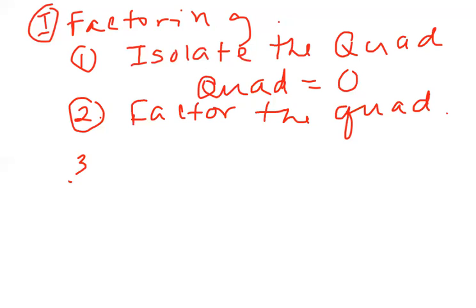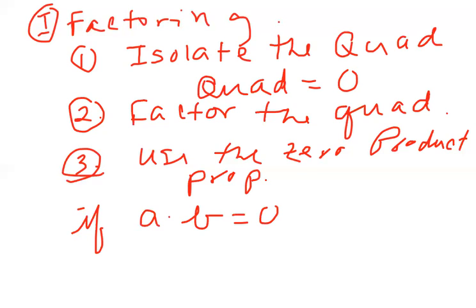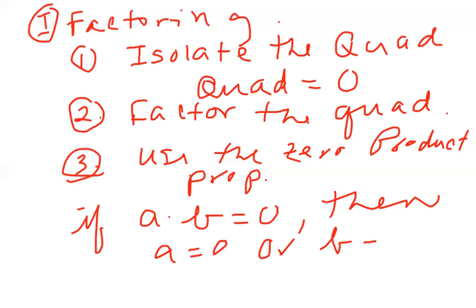Number 3, now we're going to use the zero product property to solve. And the zero product property essentially says this: if A times B is equal to 0, then that means either A will equal 0 or B must equal 0. One of them must be 0.